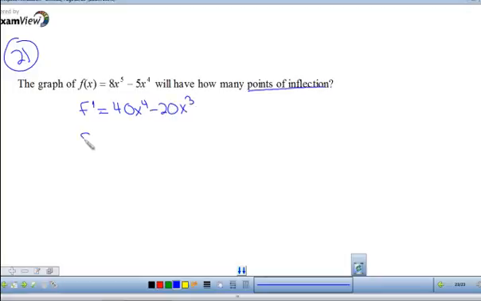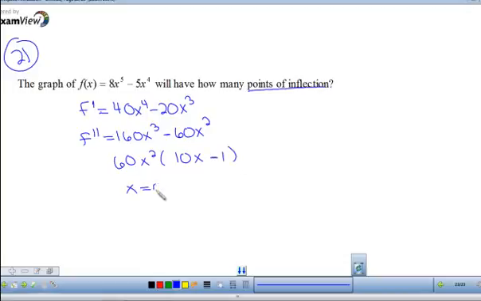There's my first, there's my second. I'm going to factor out a 60x squared. Okay, so I'm going to have x equals 0 and x equals 1 over 10.